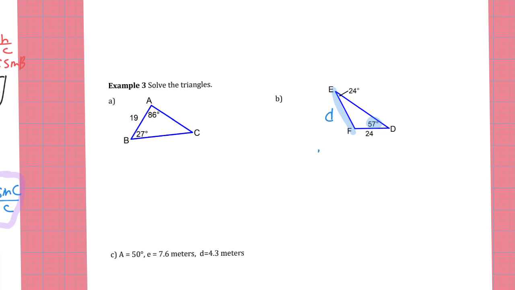And so you can write that the sine of 57 is related to the length of D. Well, that's something we want to find, but we know a ratio that is actually true. We know that the angle that's 24 degrees, so the sine of 24 degrees, that's E, is proportional to the length of the side across from it.